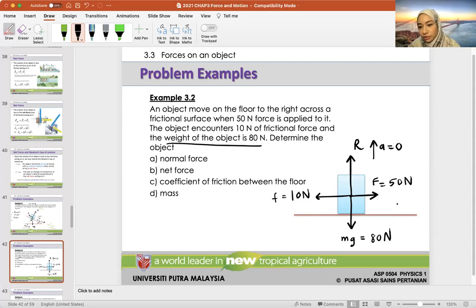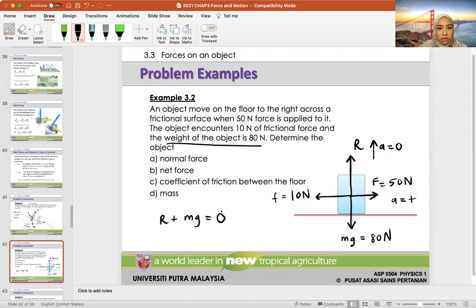And then it's moving to the right, so we can assume that maybe there is some acceleration to the right, positive acceleration, maybe, assumption. Okay, so now it's asking what is the normal force? So if there is no acceleration pushing the box to fly or whatever, it's maintaining contact at all times, we can say that R plus mg is equal to 0.